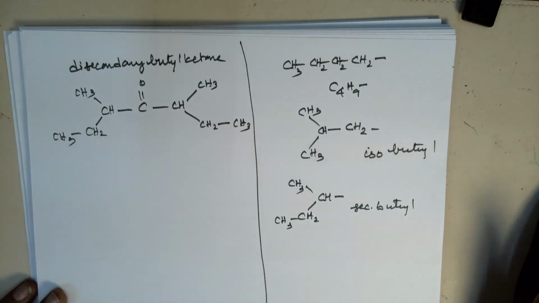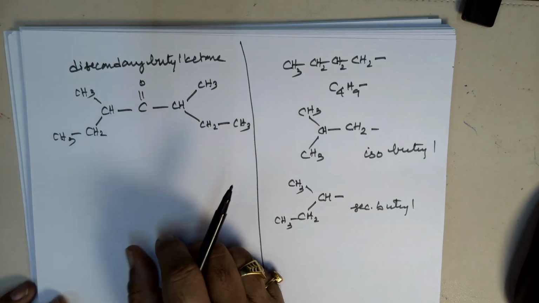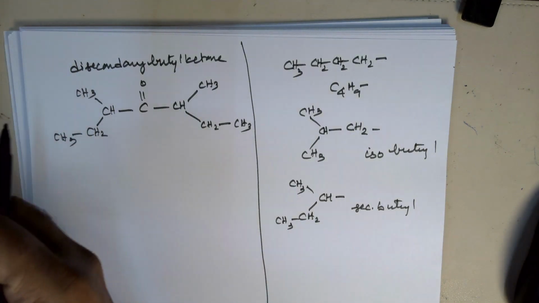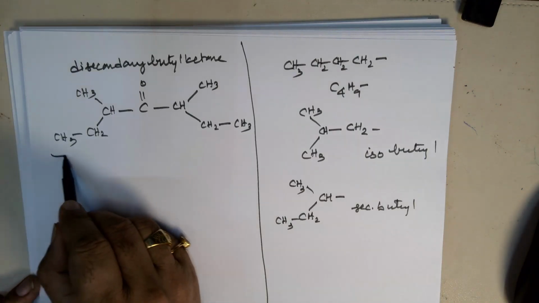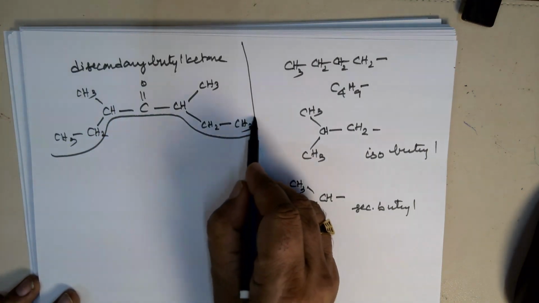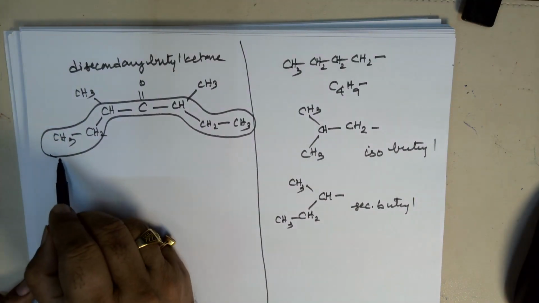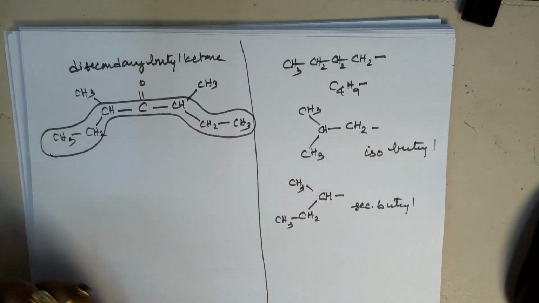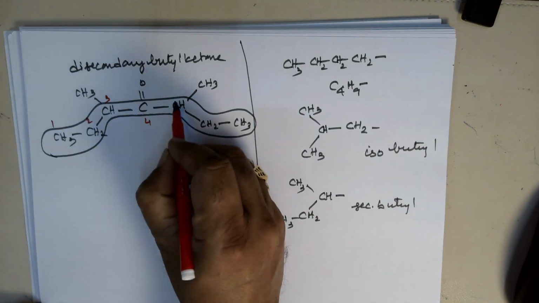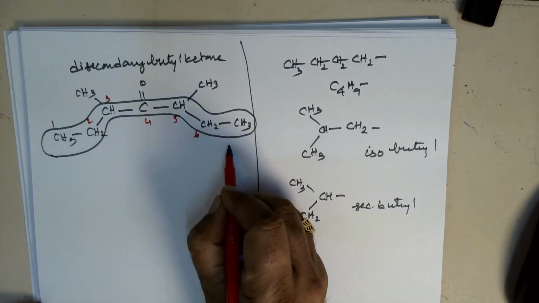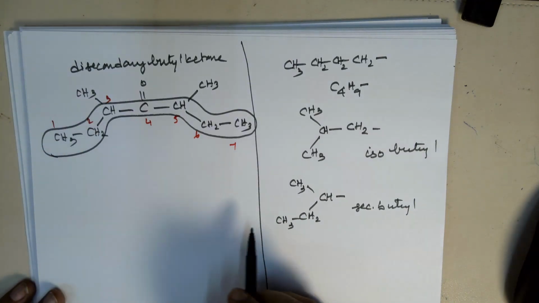How to call it by IUPAC? Because this is not IUPAC. For IUPAC, how should it be called? Alkanone. So which is the longest chain here? This is the longest chain, right? So you can count from here: 1, 2, 3, 4, 5, 6, 7. So this is heptanone.